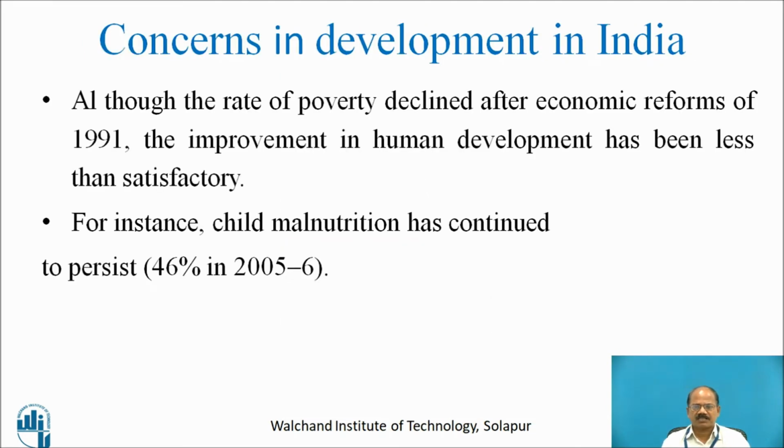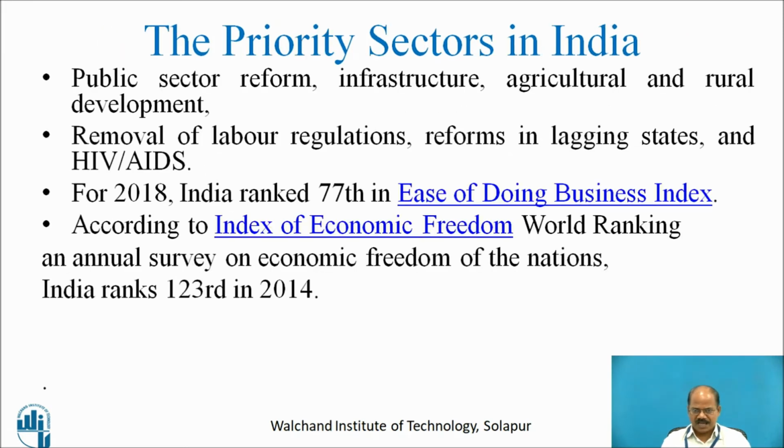There were some concerns in the development of India. Although the rate of poverty declined after the economic reforms of 1991, the improvement in human development has been less than satisfactory. Child malnutrition is still a major area in which India has to do a lot. The priority sectors in India consisted of public sector reforms, infrastructural development, agricultural development, and rural development.